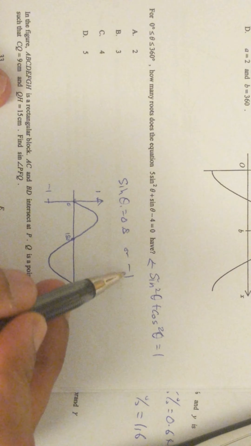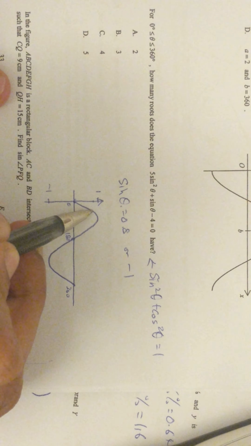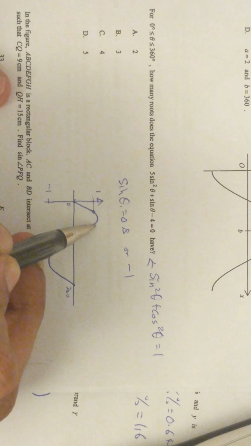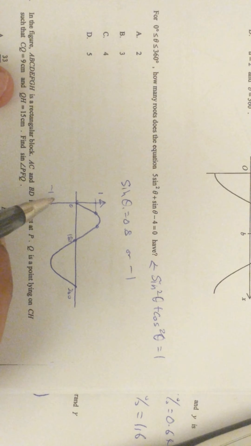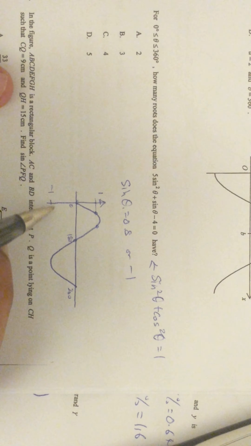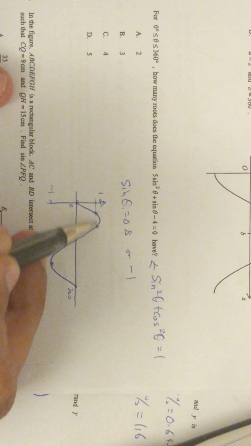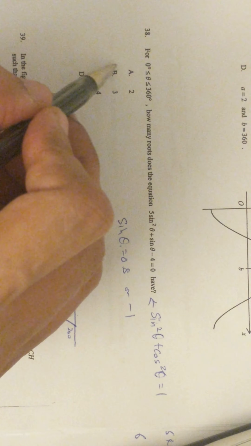So if we're looking for 0.8, it's about here, a little bit lower than 1. If you go along this line, you have a solution here, and then you have another solution here, and there's no more solution along this line. And then for the -1, if you go along this, there's only one point here. So actually there's one solution, two solutions, and three solutions for this equation.